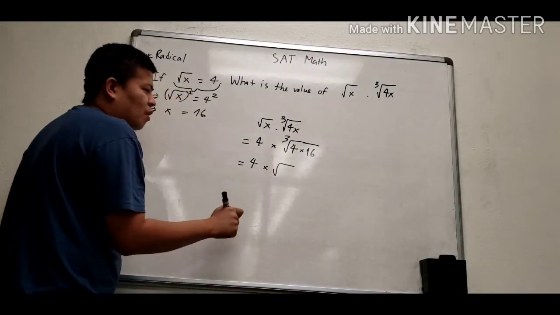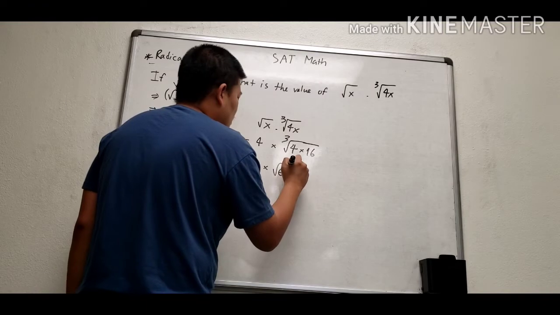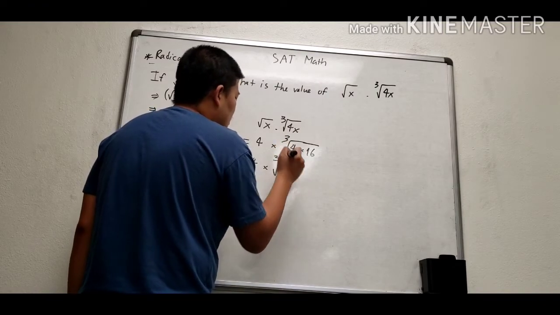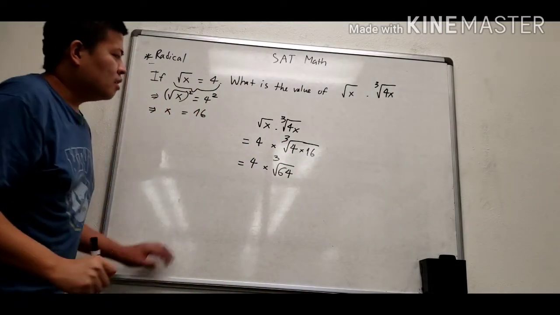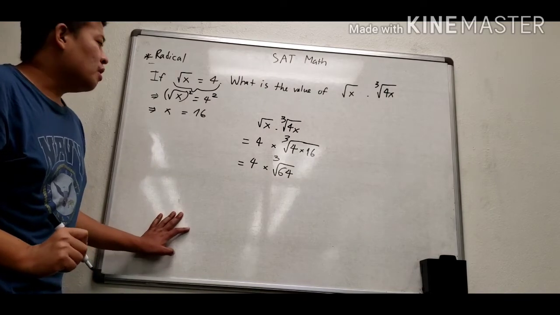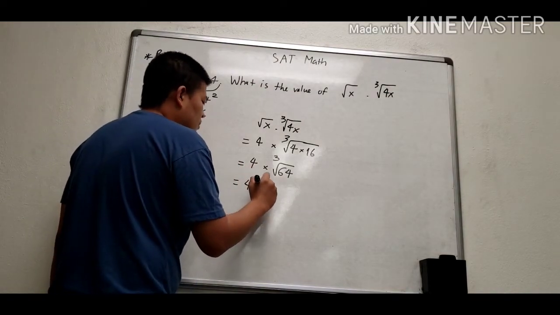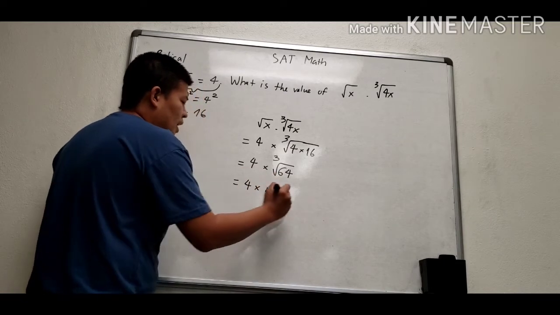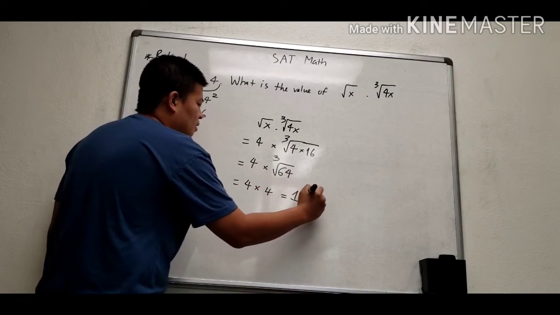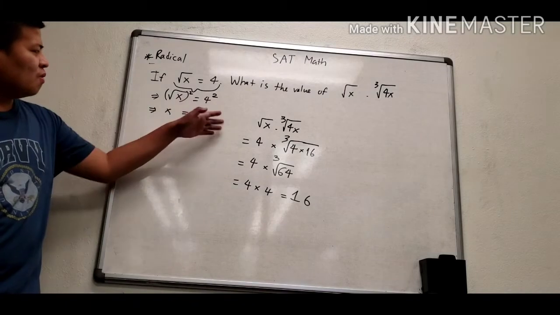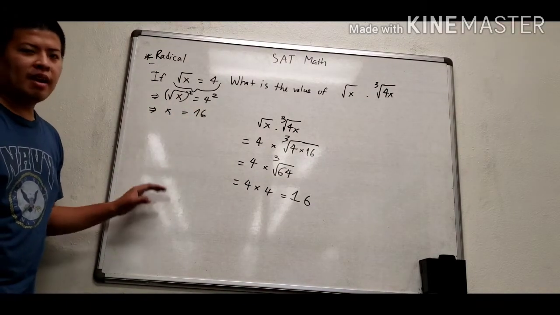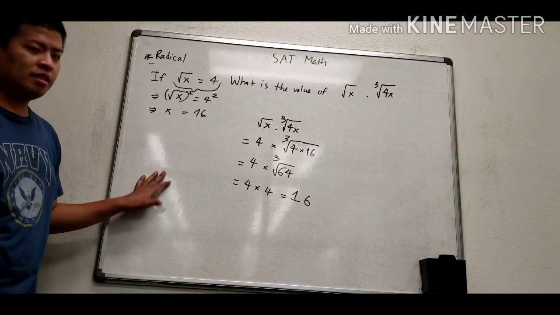Sixteen multiplied by 4 is about 64. We know that the cube root of 64 is 4. And you got about 16. So we just follow step by step and we can find this number very simply.